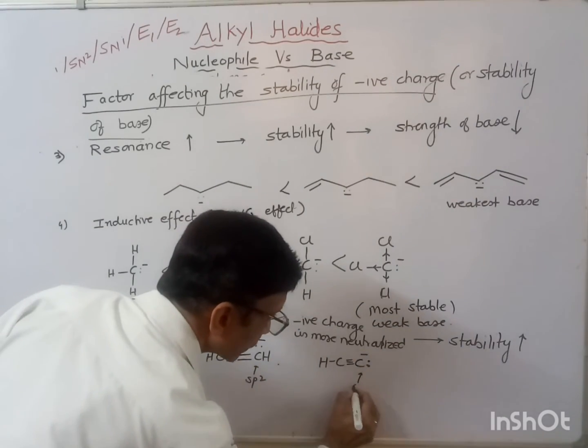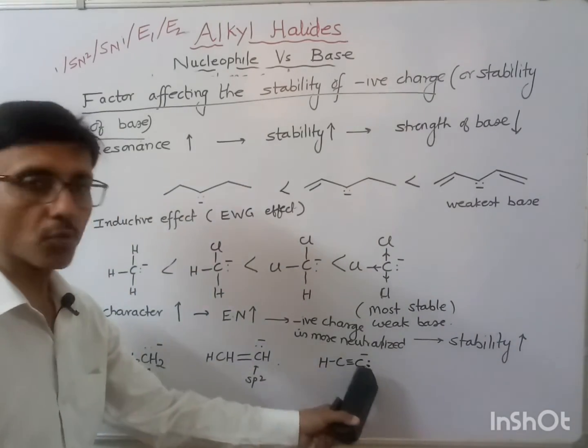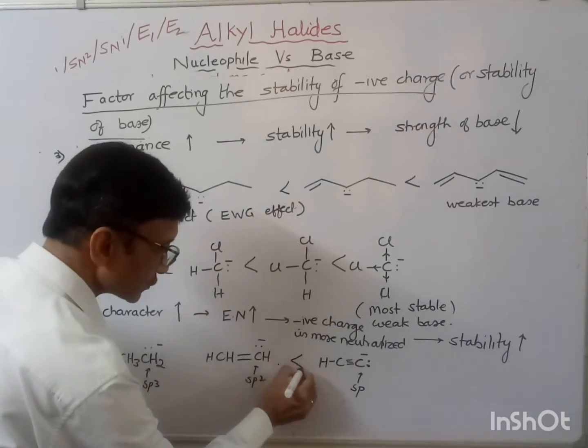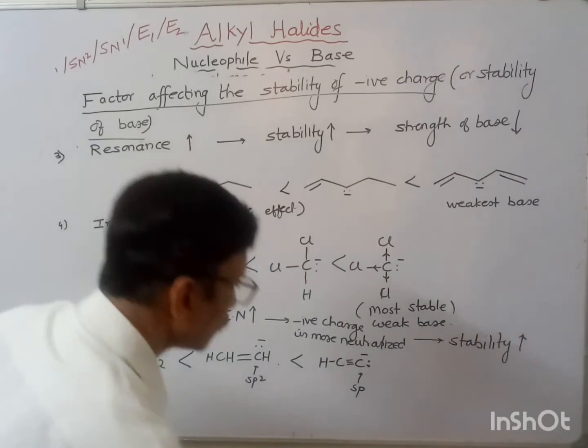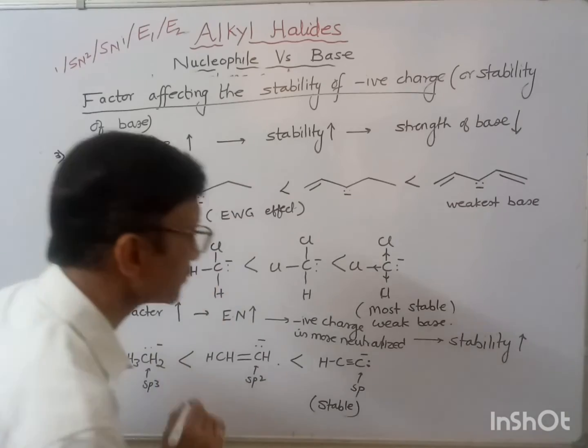So no doubt here this carbon is more electronegative in comparison to this. That's why here the negative charge is more neutralized. So this is most stable, and this is the weakest base.